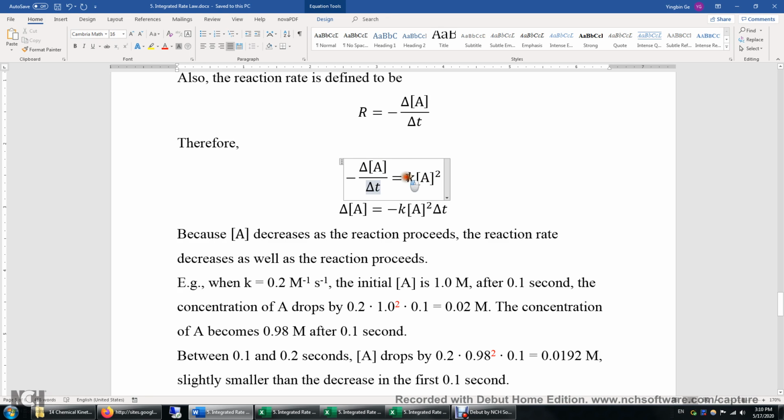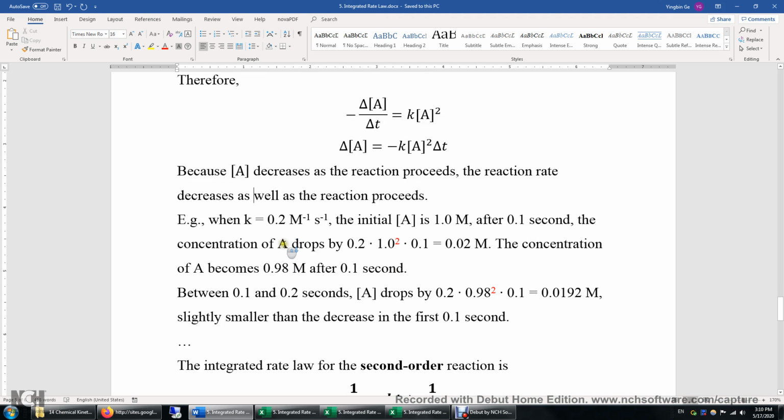Look at this side, it's the unit of k times molar squared. So if you move this molar squared to the left-hand side, by dividing both sides by molar squared, you can see the unit of k is just molar to the power of negative 1 times second to the power of negative 1.